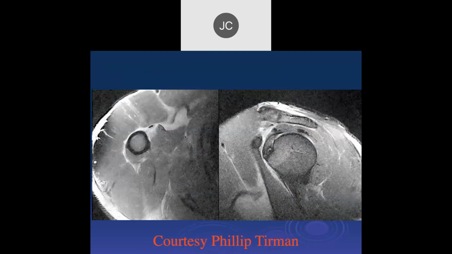So we have an axial and sagittal view. So obviously a weightlifter, the muscles are very prominent. Looks like there's some edema. So this is anterior, lateral, posterior, humeral head, biceps tendon.